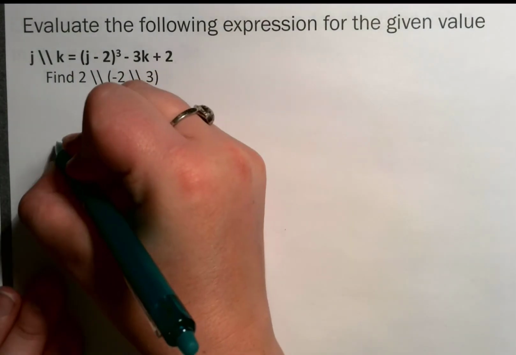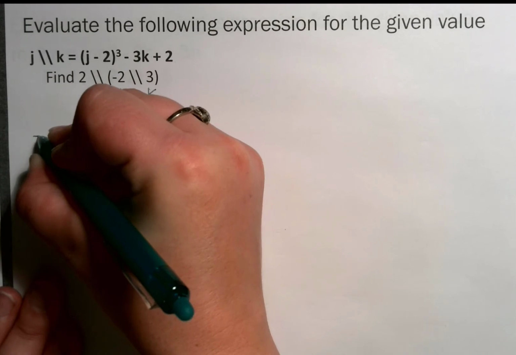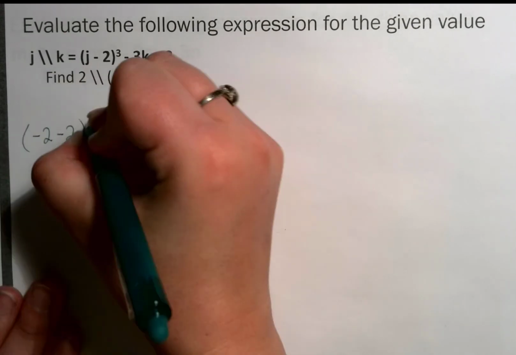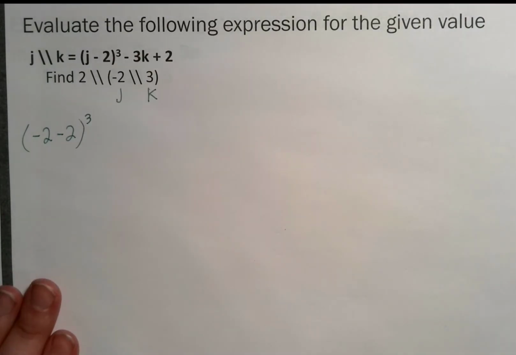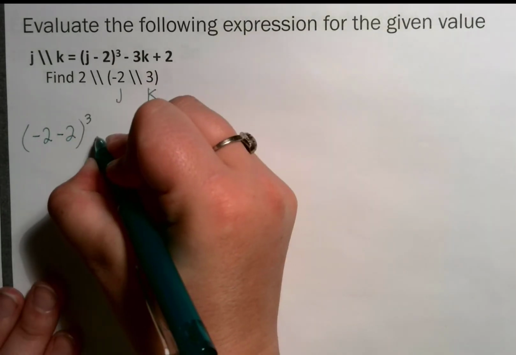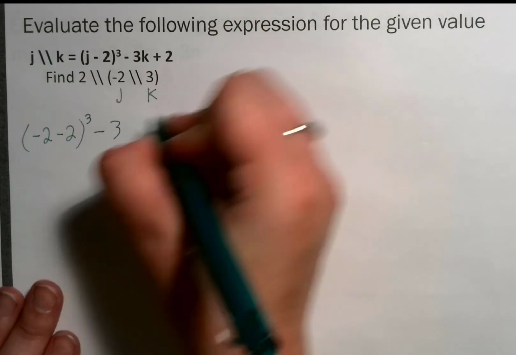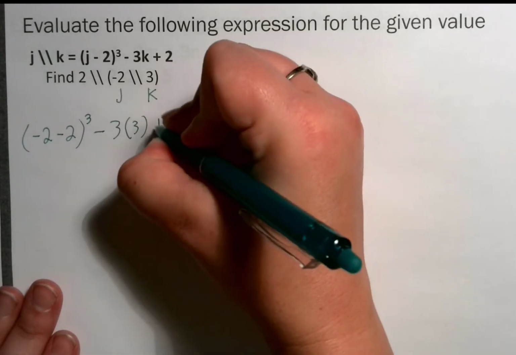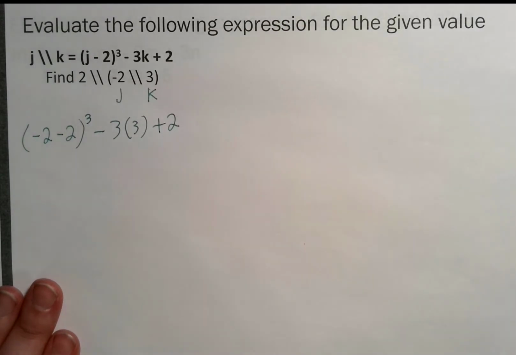So J is negative 2. Then we've got minus 2, we're cubing that, or to the third power, minus 3 times K, which in this case is 3, plus 2. Work our grouping symbols first.